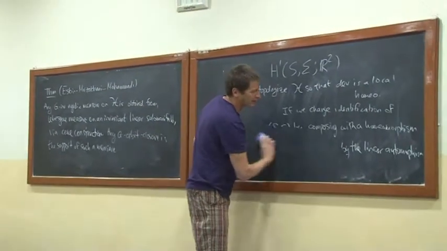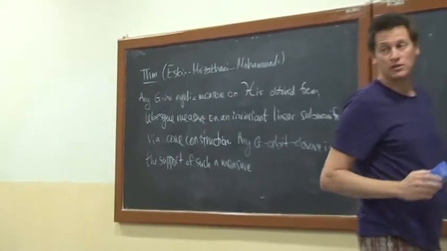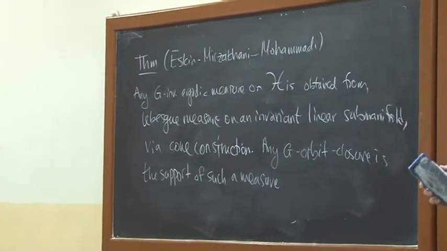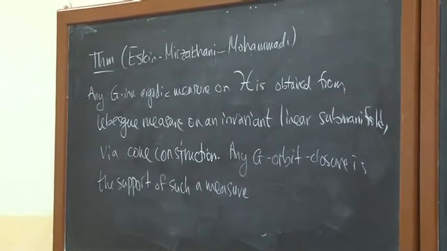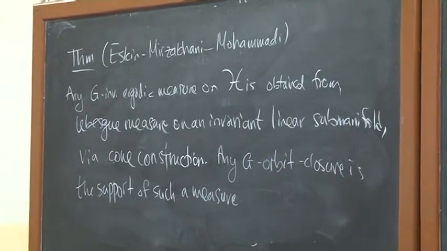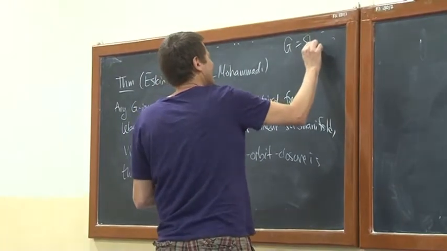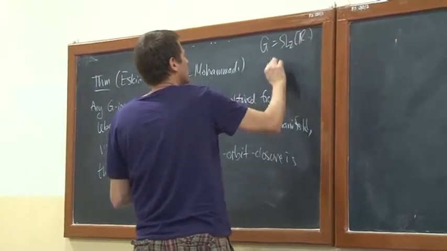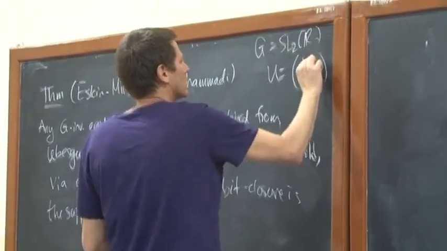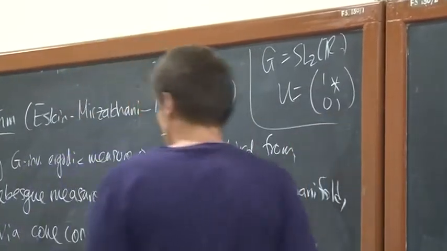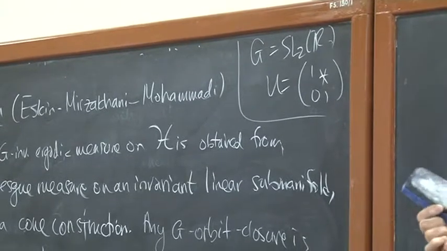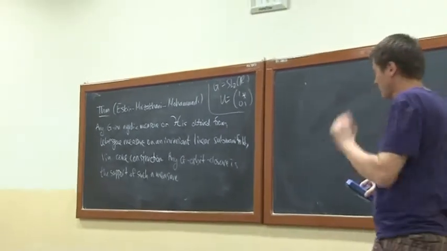G is SL2R throughout, and U is the arbitrary input group.